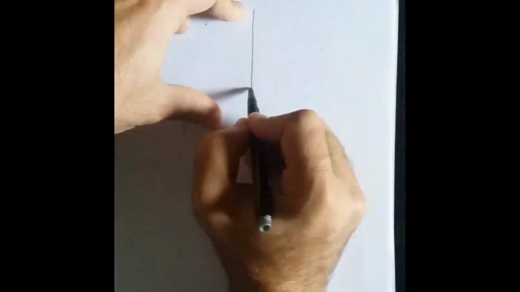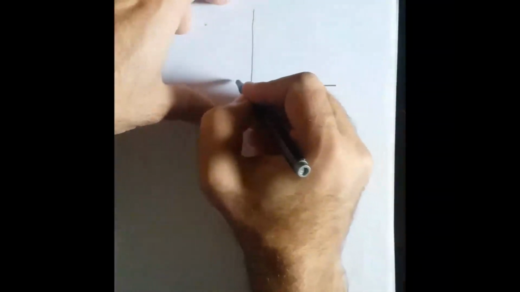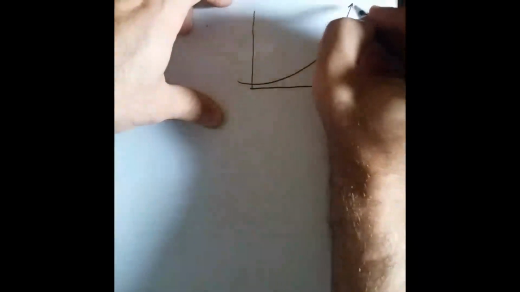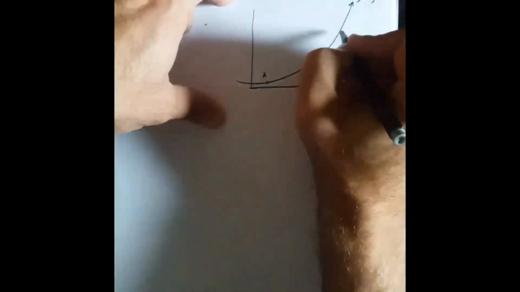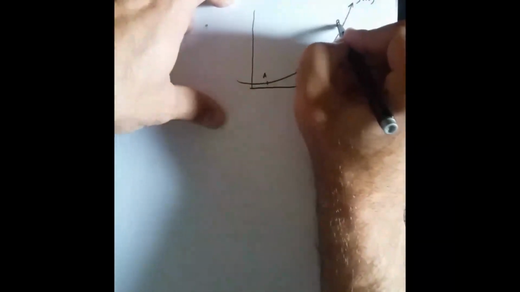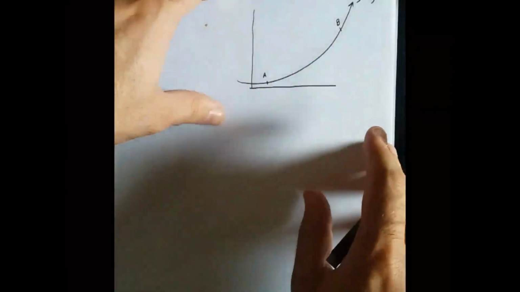Taking the same function f of x and taking points A and B, same as the previous one.